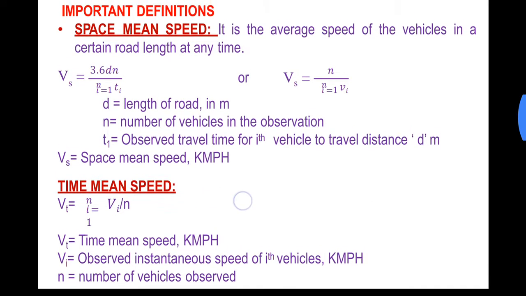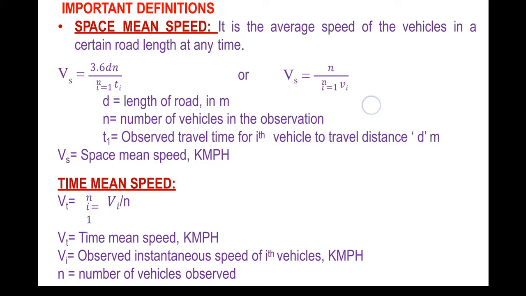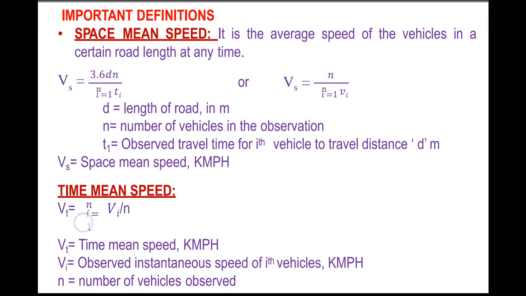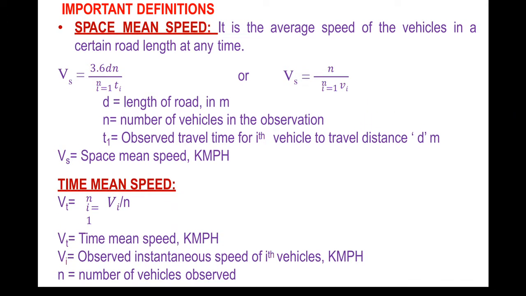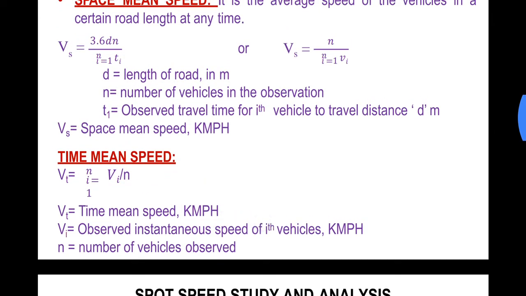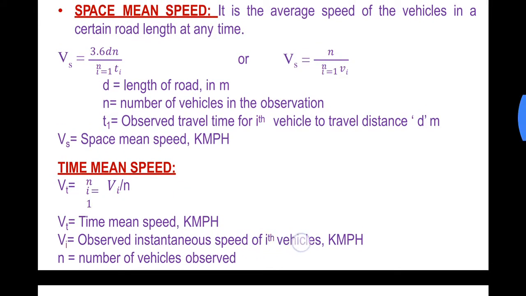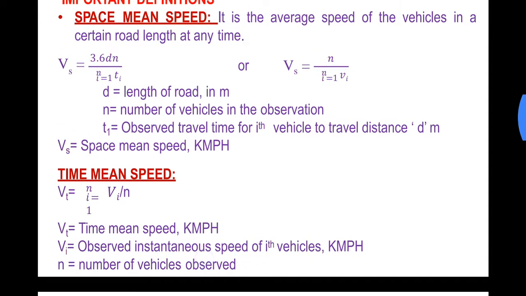Time mean speed is the arithmetic mean of the spot speeds. Okay, so Vt is equal to summation of Vi divided by n, where Vt is time mean speed in kmph, Vi is observed instantaneous speed of ith vehicle, and n is the number of vehicles observed.